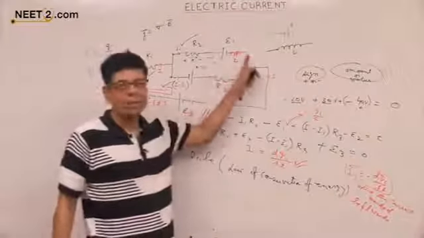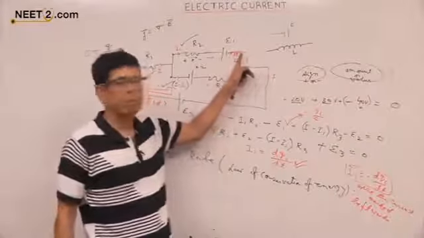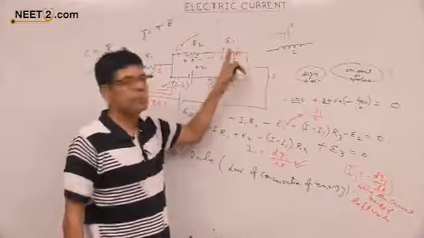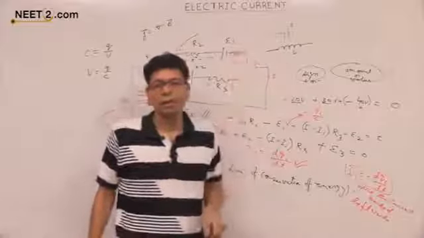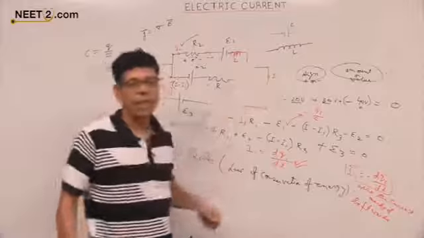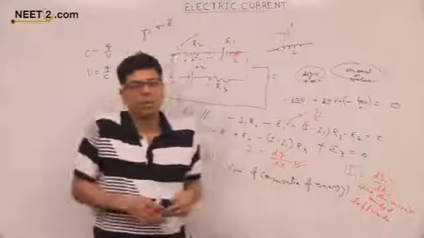This will come in magnetic field, induction, induced EMF and all that. So when it comes, you will understand. Maybe we can discuss why you will write that. At the moment, you just have to know the rule.